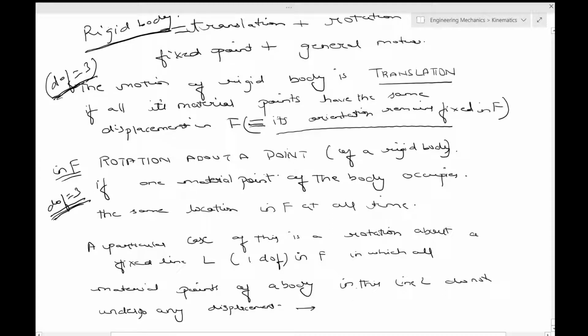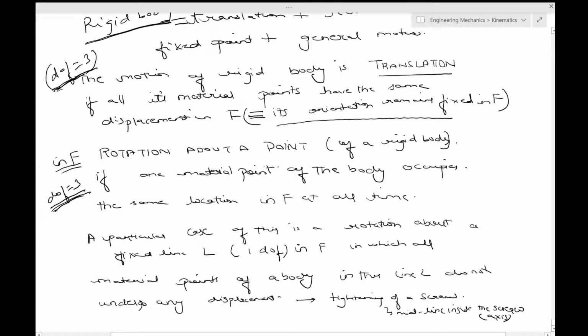So you can just think about a tightening of a screw. The line over there will be the midline inside the screw, the axis basically. If you tighten it, there is a rotation about this fixed line in which all material points of a body in this line do not undergo any displacement. That can also be the fan, for example.